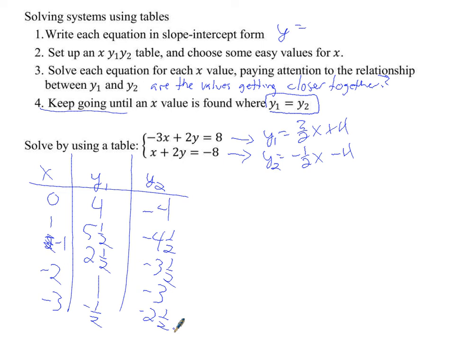I'm hoping that maybe -4 will be my answer. So I'm going to stick -4 down there. I take -4 and plug it in, and I get -12/2, which is -6. -6 plus 4 is -2. I take -4 and plug it in here.